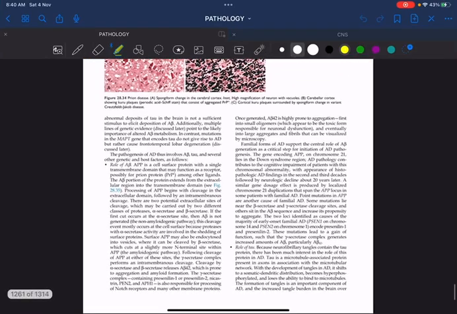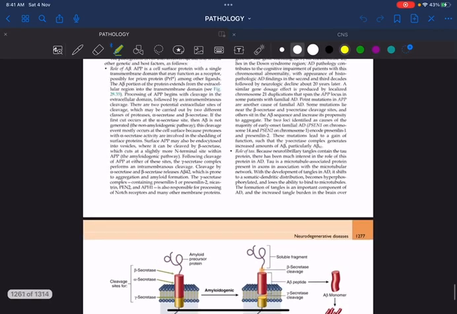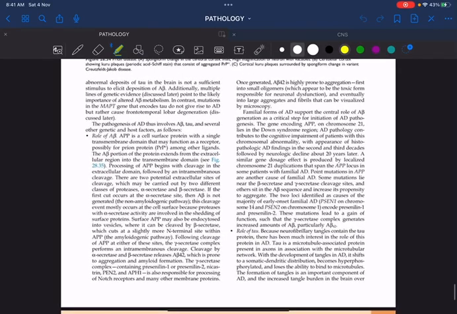There are several genetic factors. First of all, let me discuss the genetic factors. Remember, we have chromosome number 21, which is the gene encoding the amyloid precursor protein. This chromosome 21 is implicated in Down syndrome.